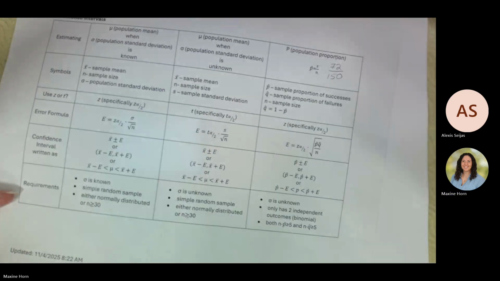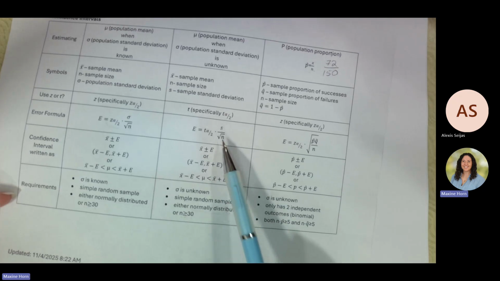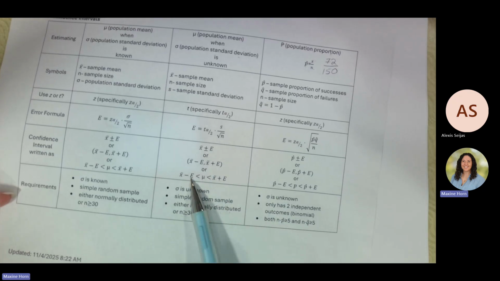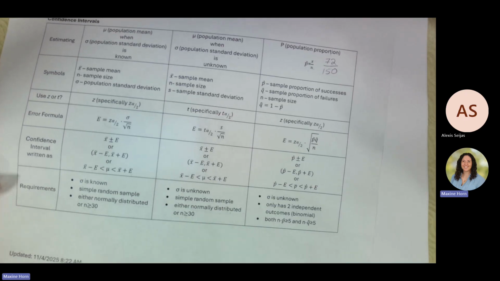You're going to plug it into your E formula, which is here, along with your s and your n. And then you're going to add and subtract your E, your margin of error, from your sample mean. That's what you would do if you did it by hand. We just did it in the calculator. It took me longer to explain how to do it by hand than it took me to actually do it in the calculator, right?